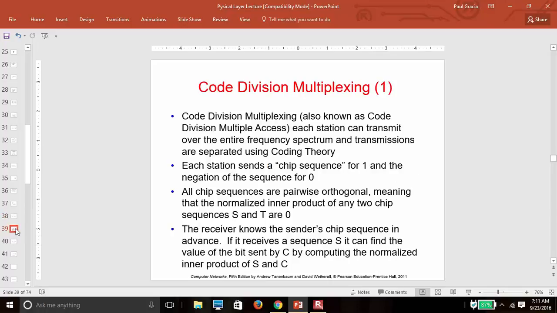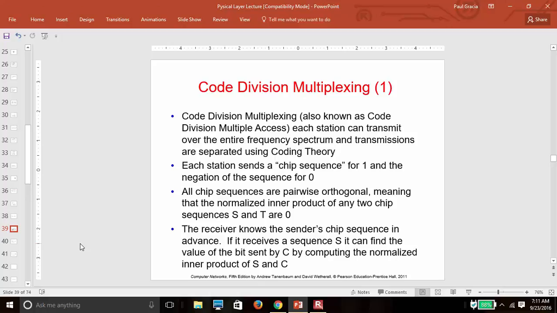Another more complex way of dividing up a carrier signal among users is what's called code division multiplexing. So just to give you a real world example, let's say you're at a cocktail party.